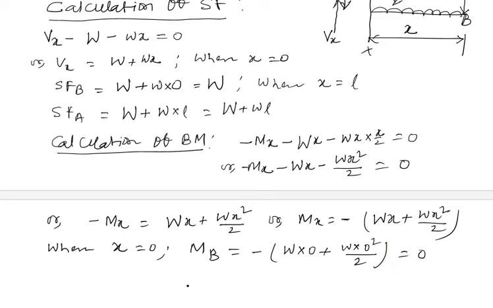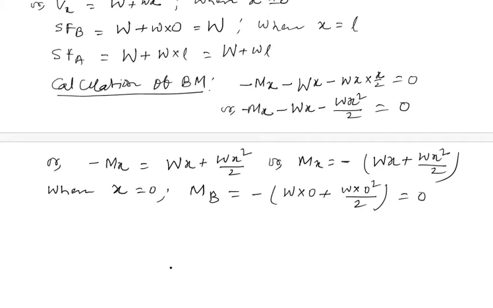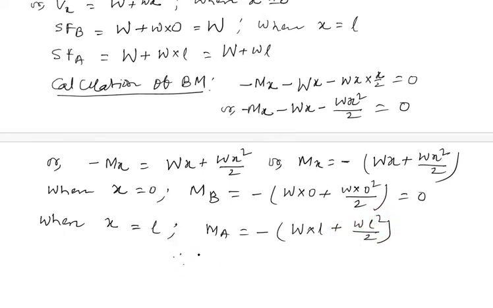So the bending moment at B is equal to 0. Now when x is equal to L, then bending moment at A is equal to minus WL plus wL square by 2.